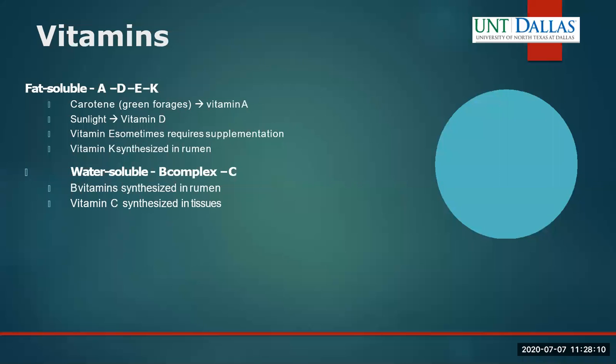Moving to the vitamins, the fat soluble ones are vitamin A, vitamin D, vitamin E, and vitamin K. Carotene, found in green forages, is a source of vitamin A. Sunlight is the source of vitamin D. Vitamin E sometimes requires supplementation. Vitamin K can be synthesized in the rumen. The water-soluble B complex vitamins are synthesized in the rumen, and vitamin C is synthesized in the tissues.